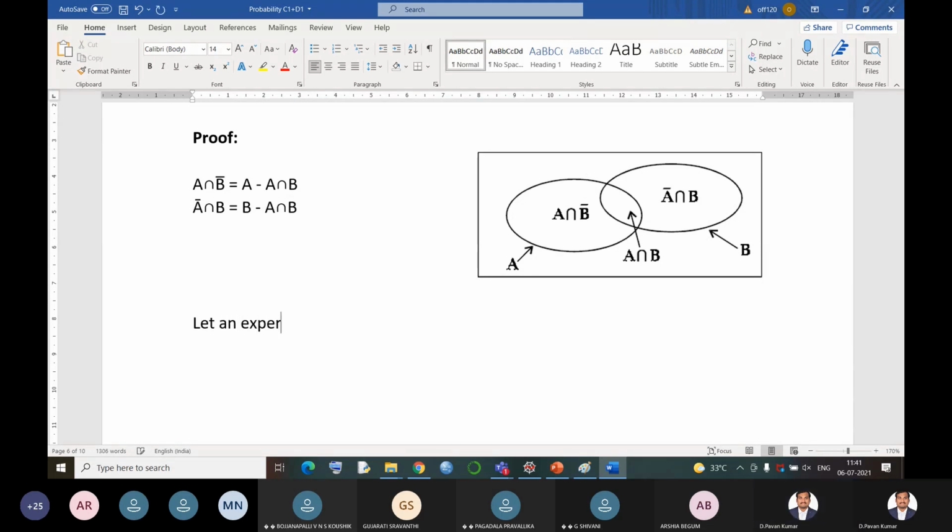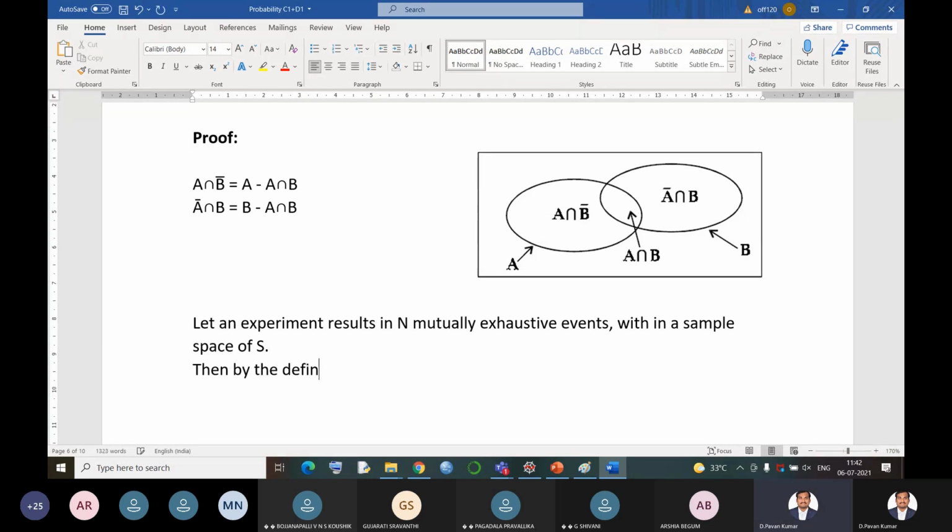Let an experiment result in capital N mutually exhaustive events within a sample space of capital S. And this complete rectangle is called the sample space.